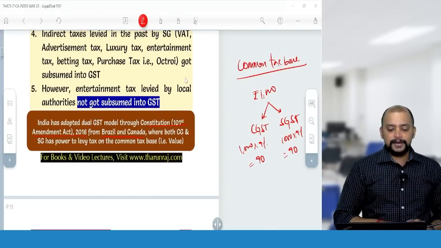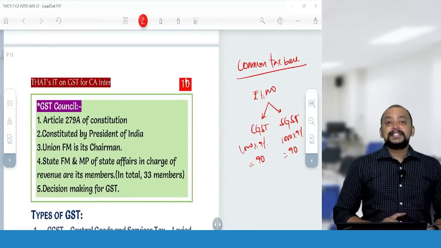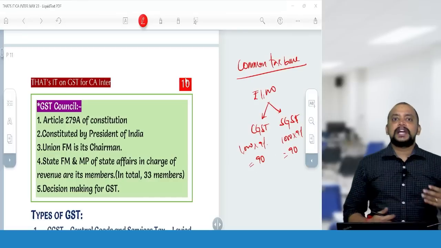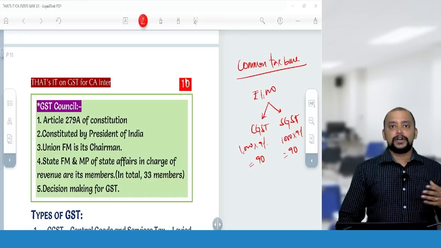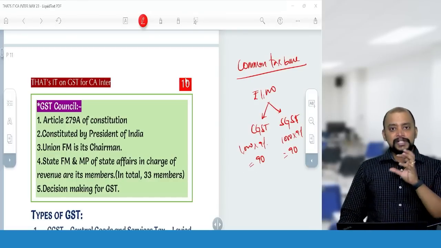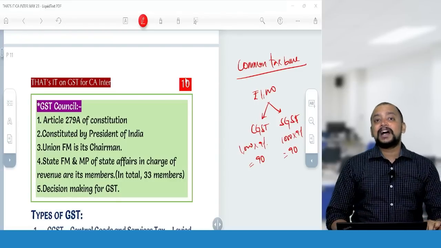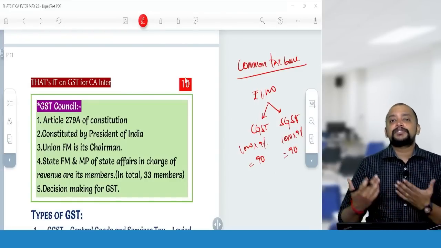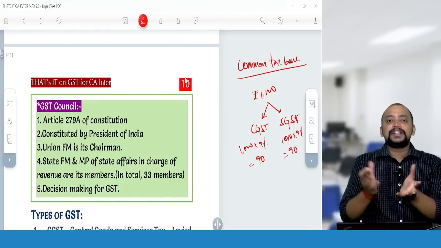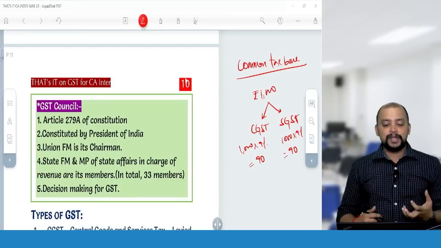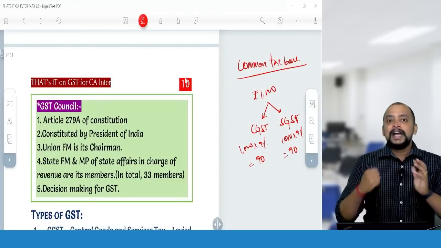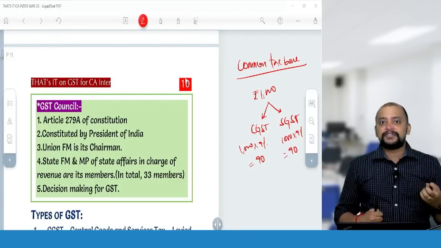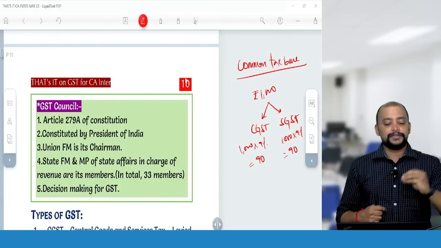Then the next one is the GST Council, under Article 279A of the Constitution. As India follows the dual GST model, where both the central government and the state government have the power to levy tax, there should be a unified decision making body. That body is the GST Council, which derives its power from Article 279A of the Constitution.